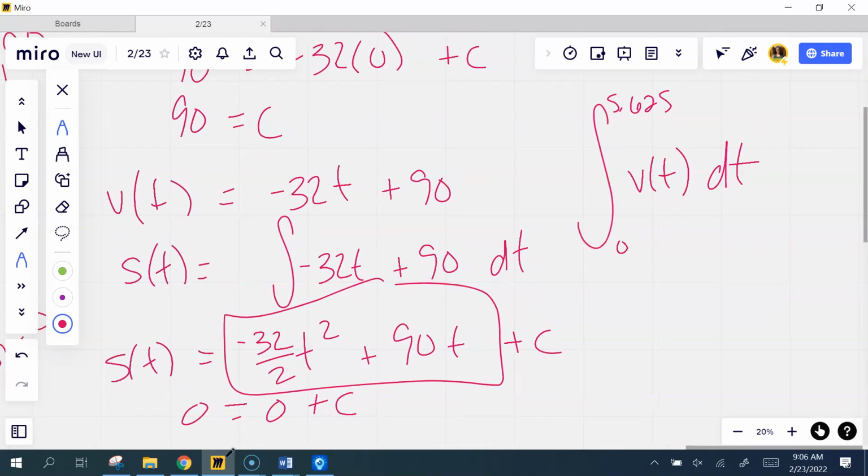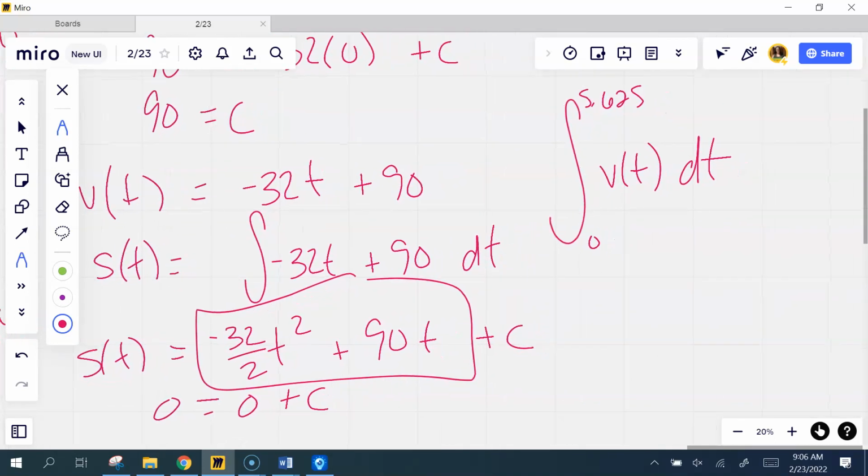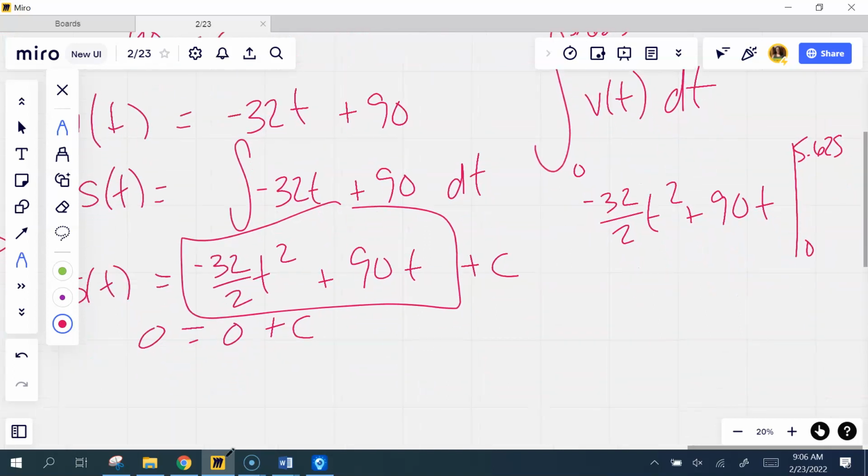So I'm going to take the position equation, which is negative 32 over 2 t squared plus 90t, evaluated from 0 to 5.625. I'm going to plug in 5.625 first, and actually that's all I have to do. This is 16.